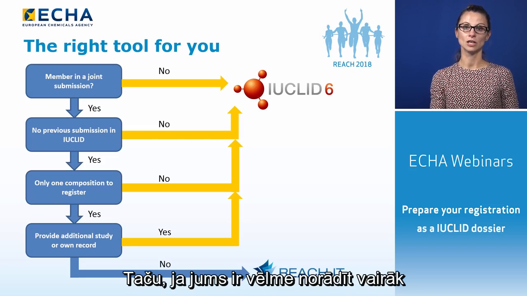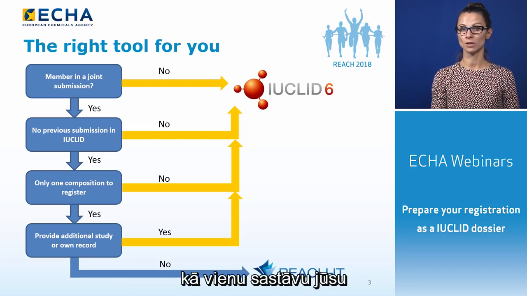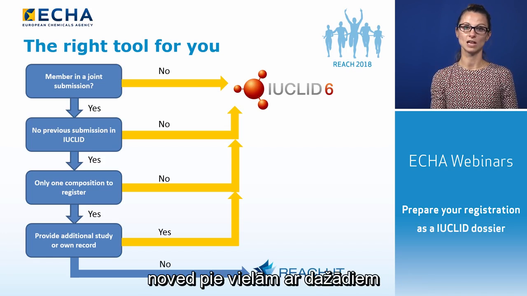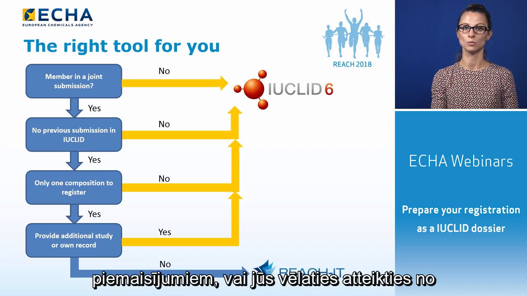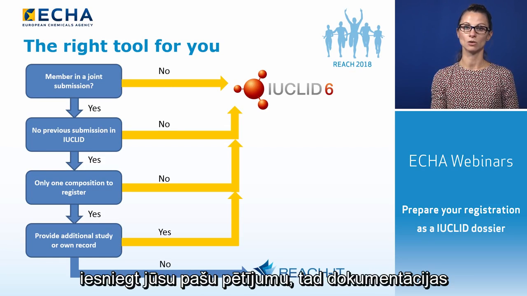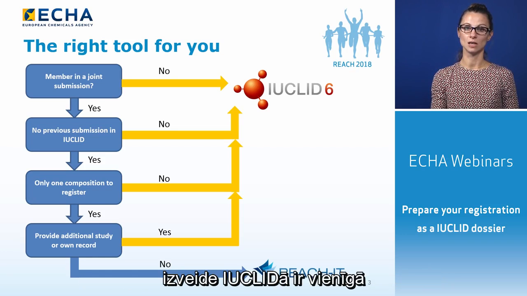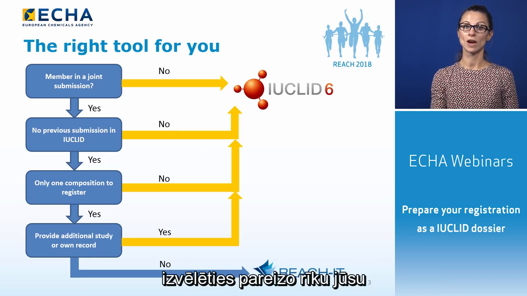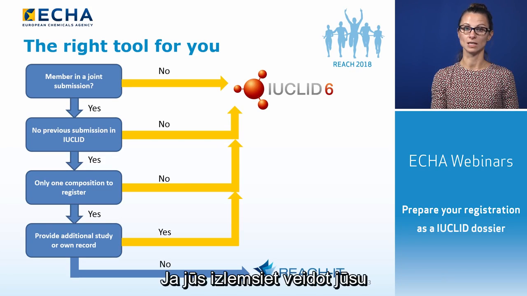In addition, if you wish to report more than one composition in your member registration dossier, for example, if you have a manufacturing process that leads to substances with different impurities, or if you wish to opt out for some studies provided by the lead and provide your own studies, then creating your dossier with Euclid is the only available option. It's important to choose the right tool for your particular case.